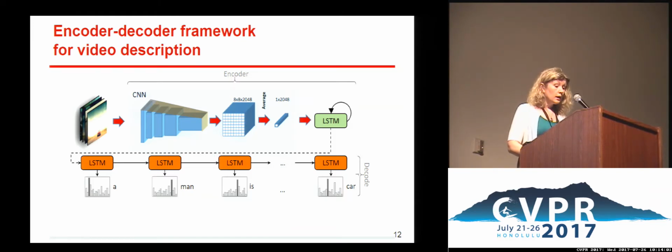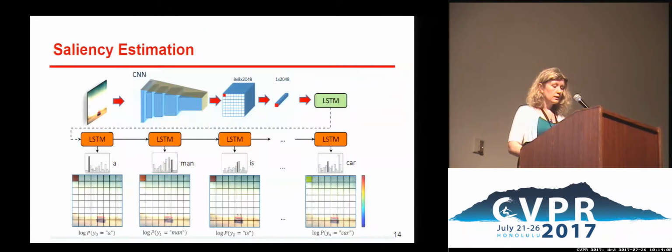So what we want to do now is take, as I said before, a small piece of this input. We start with essentially taking one convolutional neuron output, so just one vector corresponding to one location in that grid, and feed that into our encoder-decoder network, and then look at the log probability of the corresponding output words in the sentence.